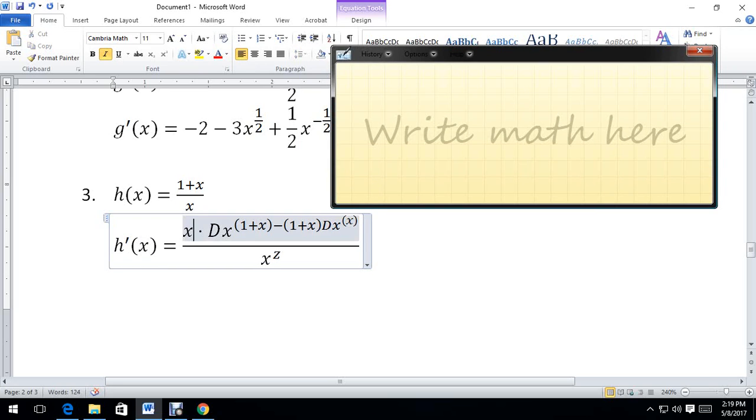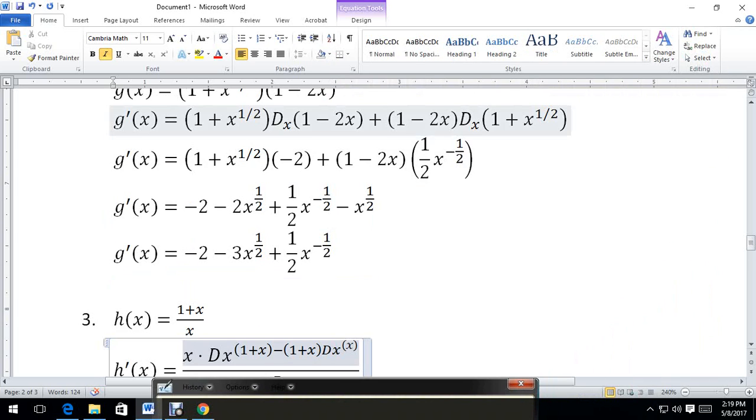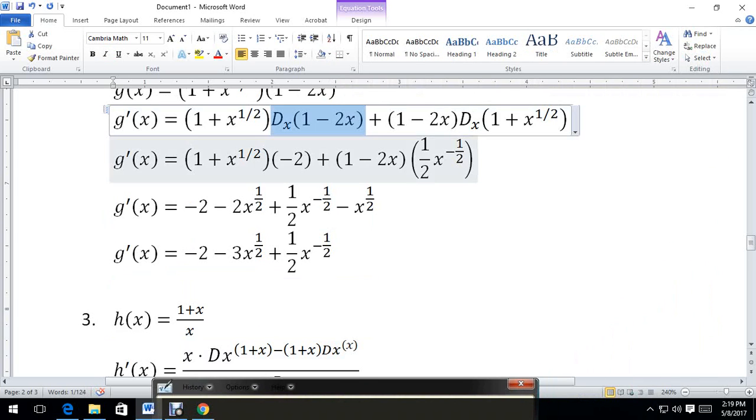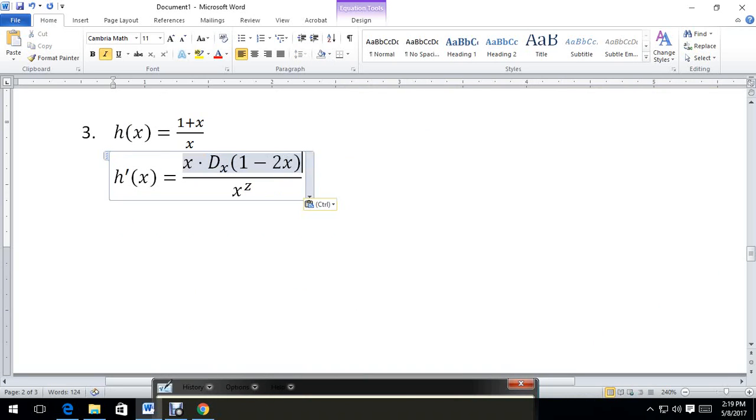is equal to the low times derivative of high. The derivative of high is, let's try to copy it, derivative of 1 plus x.